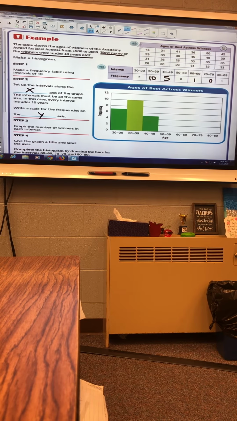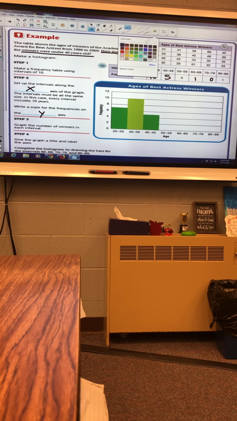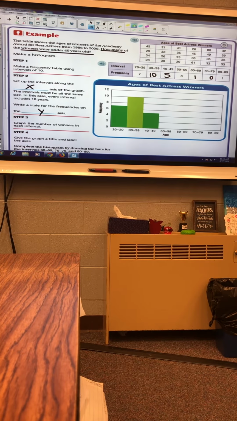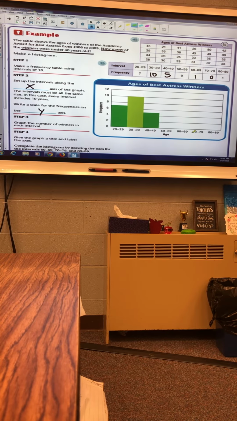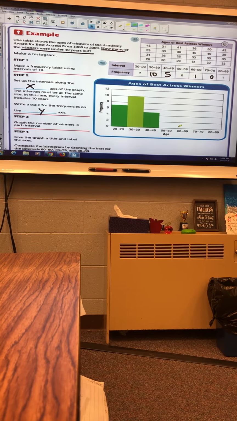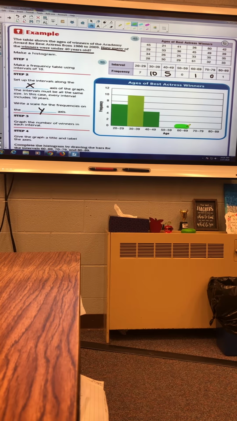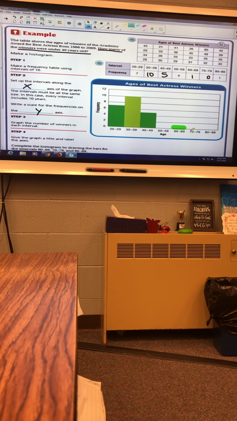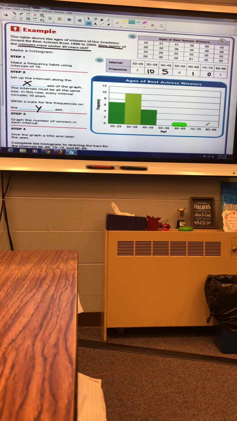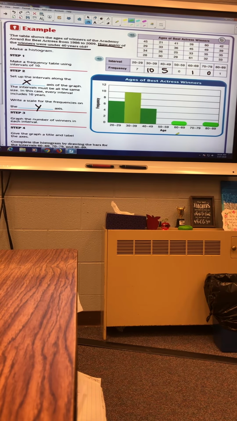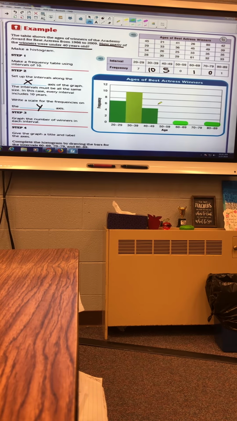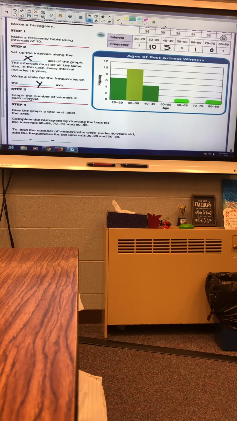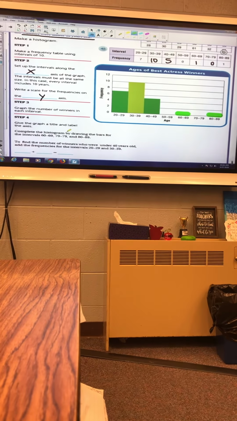We don't have any from 50 to 59, so I'm going to leave that blank. I have 1 from 60 to 69, and the only reason there is a space right here, boys and girls, is because there's no data right there. I have 0 from 70 to 79, and I have 1 again from 80 to 89. If there were data here, please know that they would be touching, okay?